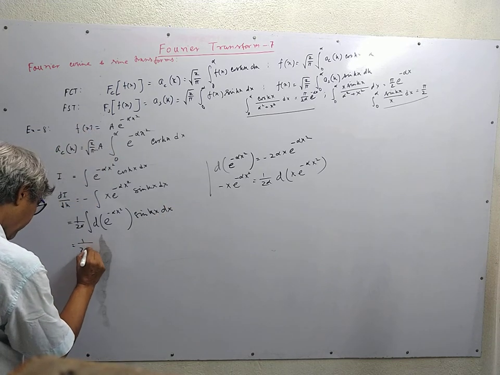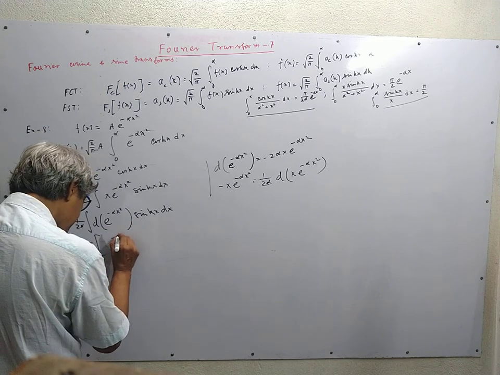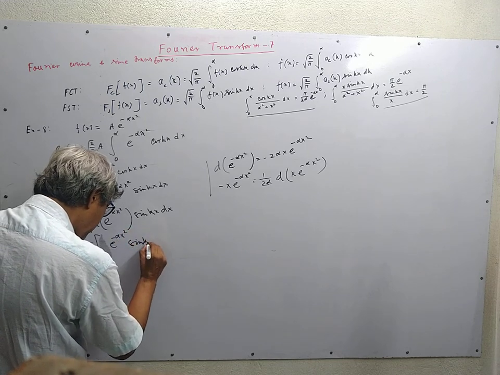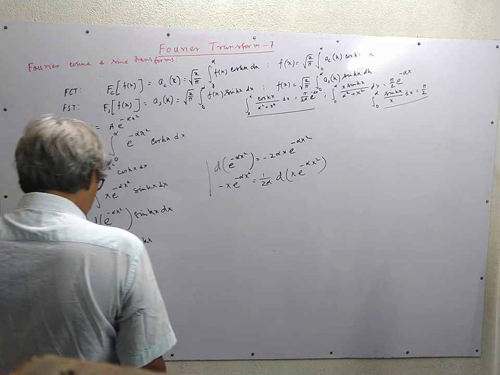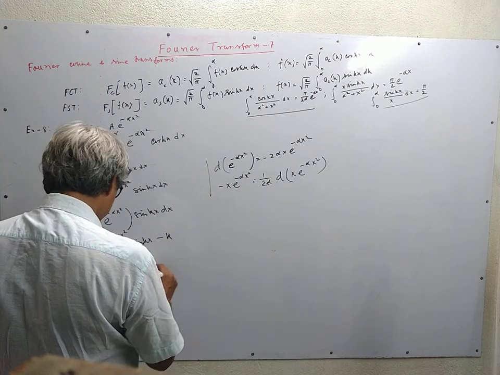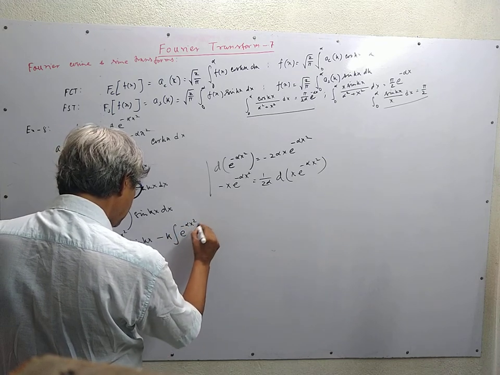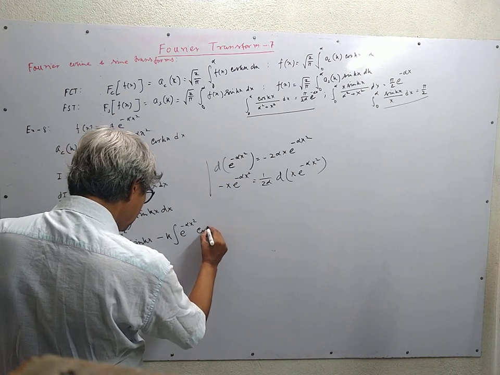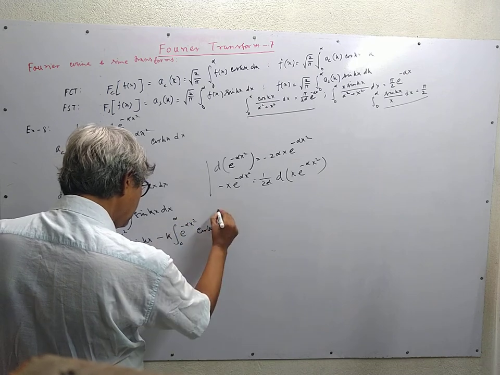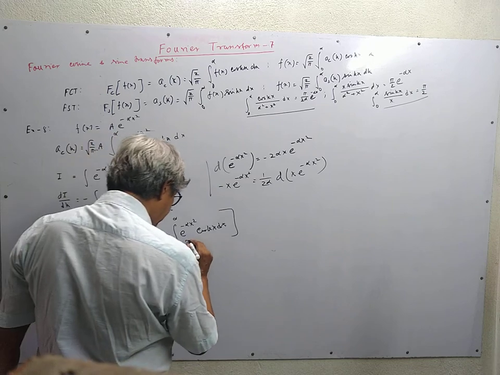We integrate by parts. So this is the first term, and the remaining integral is I3.